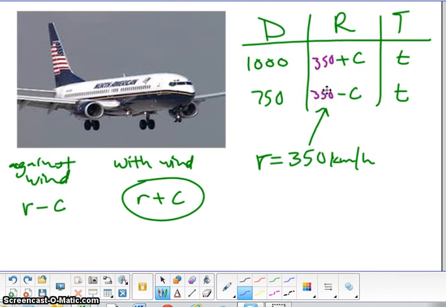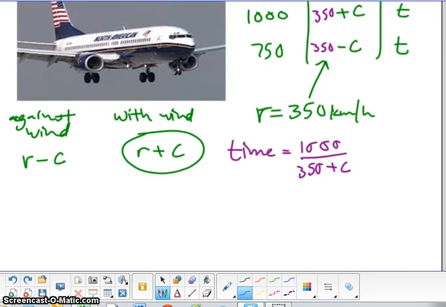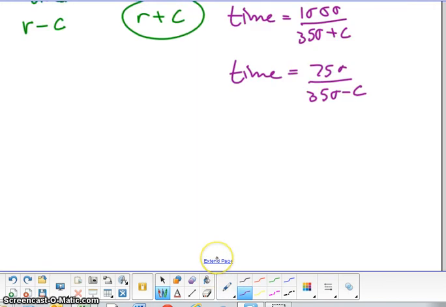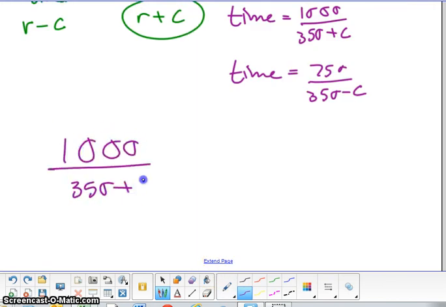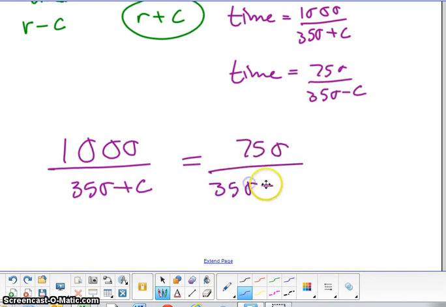And because time equals distance over rate, we'll be able to set up a fraction for both of them. Time is going to equal 750 over the rate. By setting them equal, it would look like this: 1,000 over 350 plus C equals 750 over 350 minus C. That's supposed to be a 0.